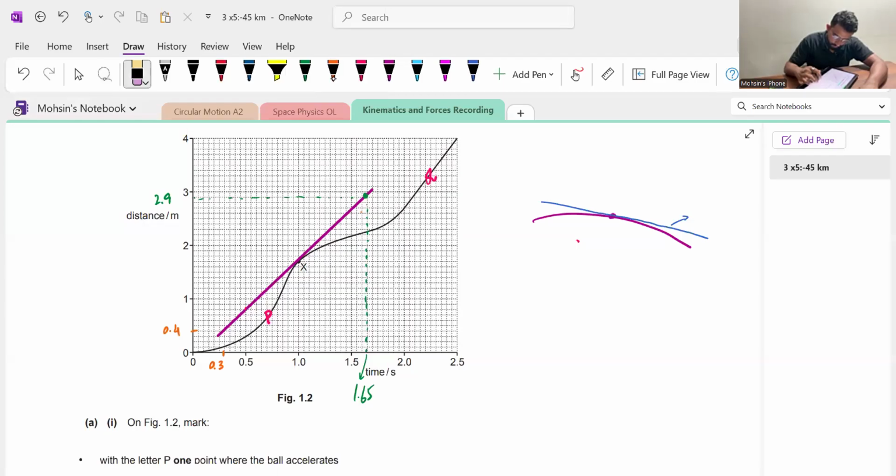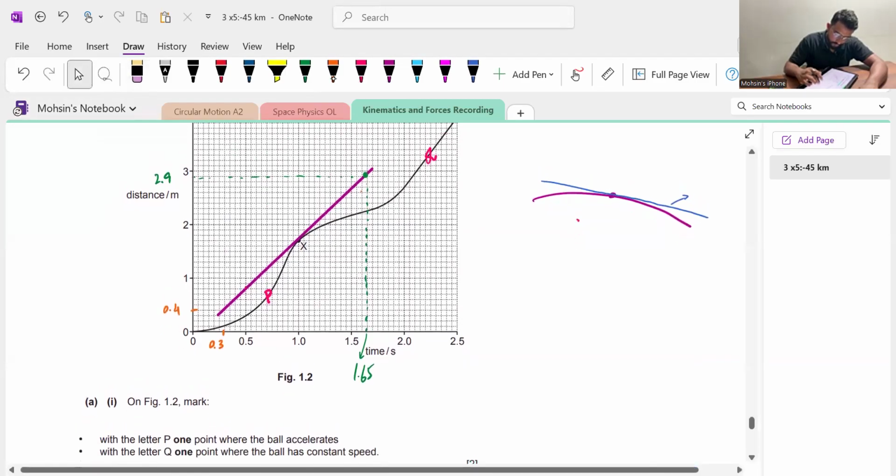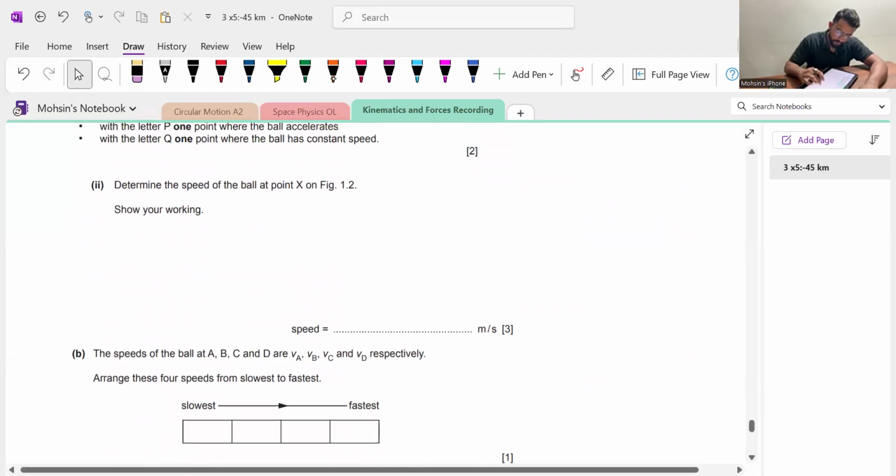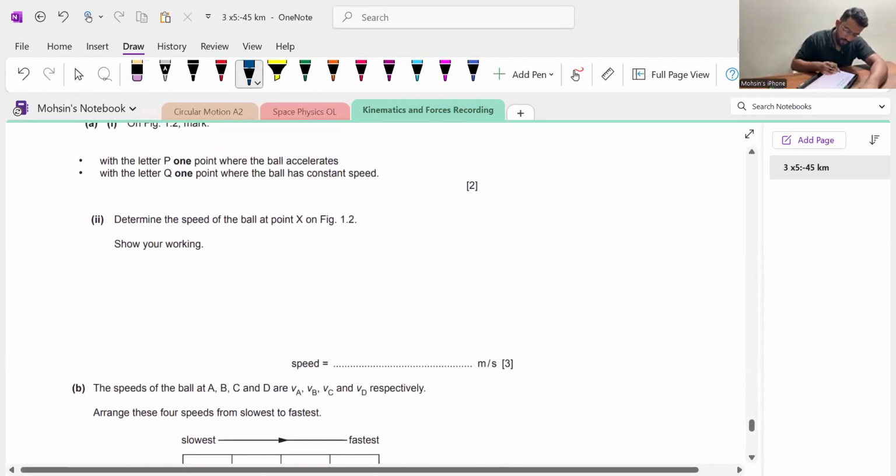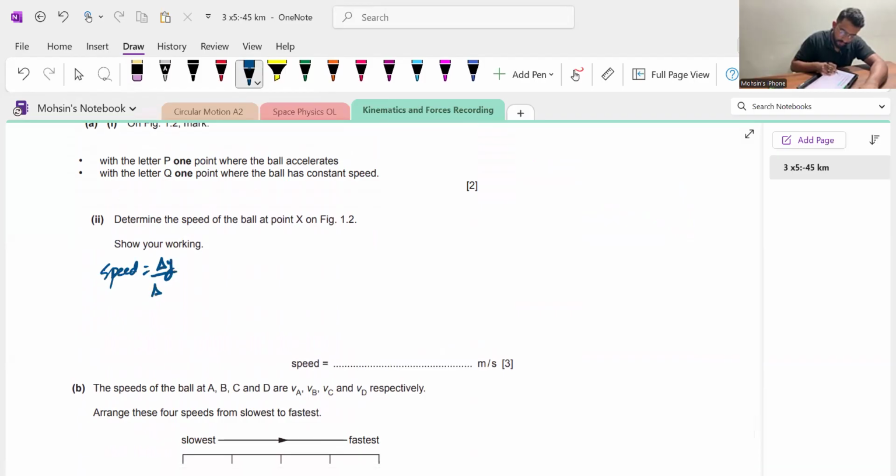So y2 minus y1. First I have to mention here that speed is equals to delta y over delta x.